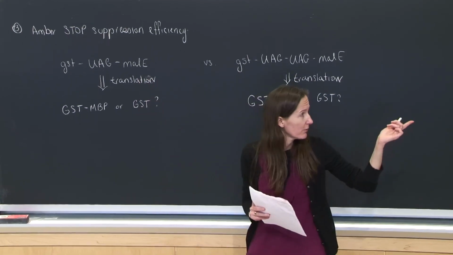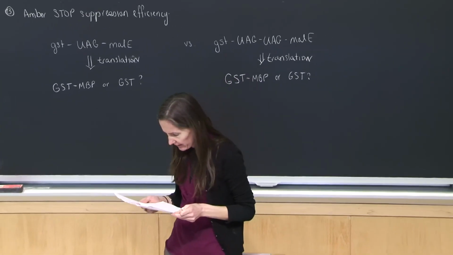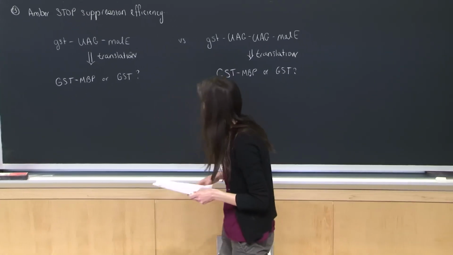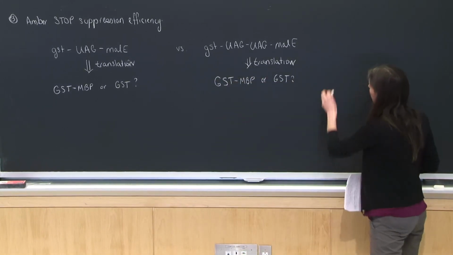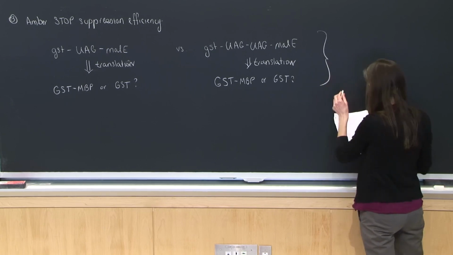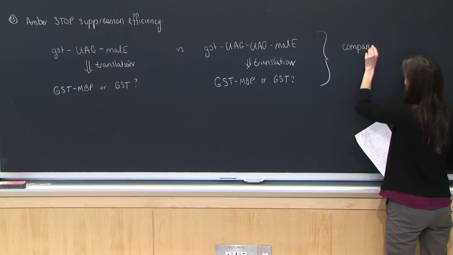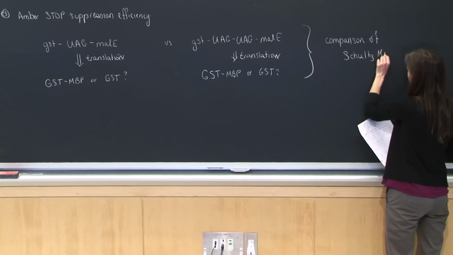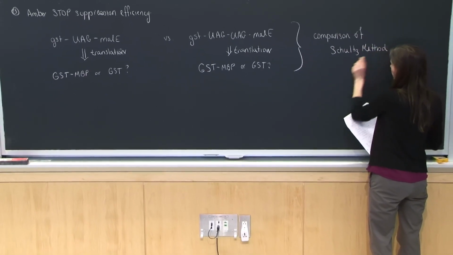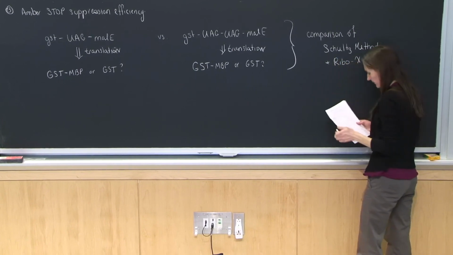Okay, and as we can see from the gel, we can differentiate pieces by size. So in addition to comparing these, what was done is in both sets of experiments, there was a comparison of the Schultz method we discussed first and Ribo-X here.